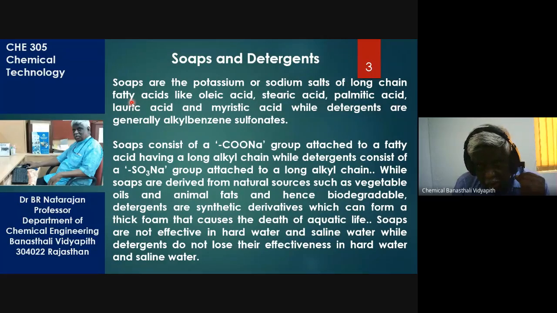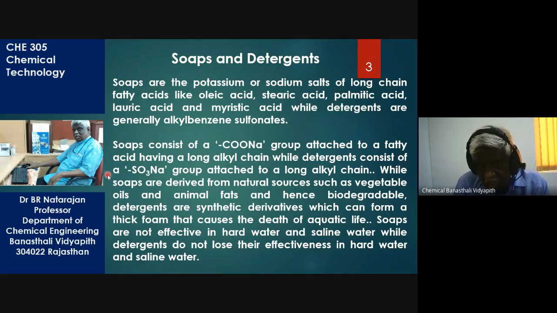So soaps consist of a COONa. Remember, when you say fatty acid, it will be COOH. So the H is replaced by sodium or potassium. So COONa or COOK, right? COONa or COOK group is attached to a fatty acid having a long alkyl chain. Remember, alkyl chain, not aromatic.